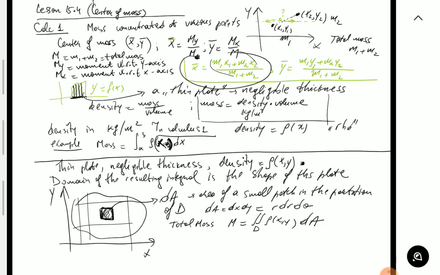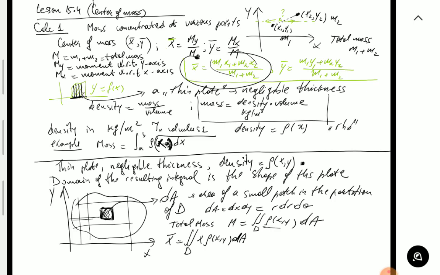And for the moment with respect to y, which will give me the x-coordinate of the center of mass, analogously to Calculus 1, that's going to be the double integral of x times the density dA. The meaning of this product, rho times dA, is the density times the area, which gives you the mass.